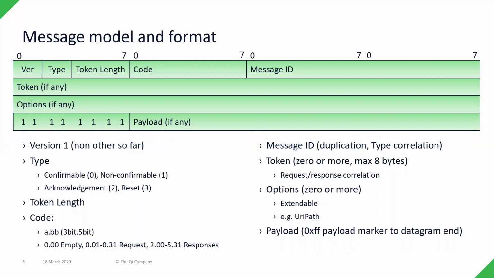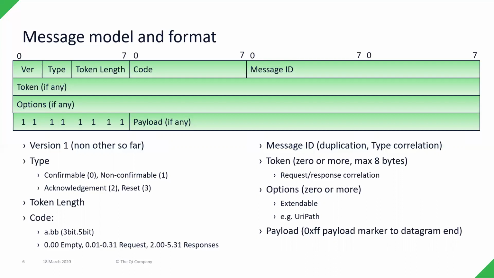Then there's a type. The type permits us to say, okay, please confirm the receipt of my message. So there's a confirmable, that's on the request side, and the server would respond with, okay, I acknowledge it, or the server would send a reset, which means, yeah, I received something here, but it makes no sense to me.